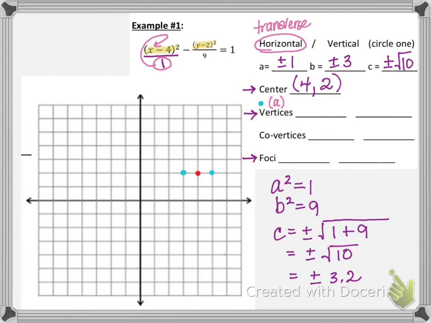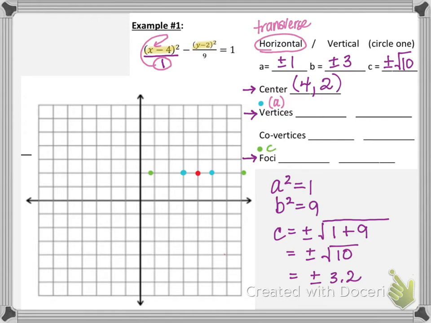Then for my foci, what was that? Plus and minus 3.2. Okay, I'm going to use green here. So I'm going to go 1, 2, 3.2, and then 1, 2, 3.2. So there's my foci. And don't forget, your foci is dependent on the c value.